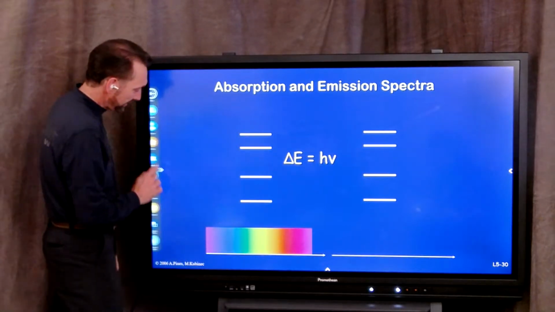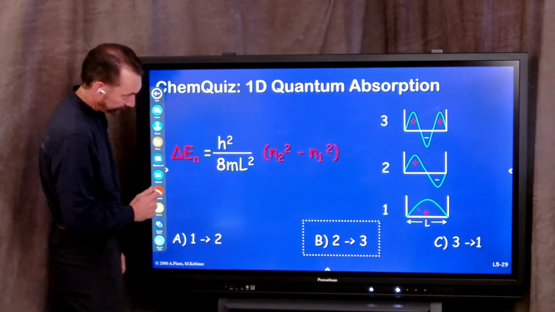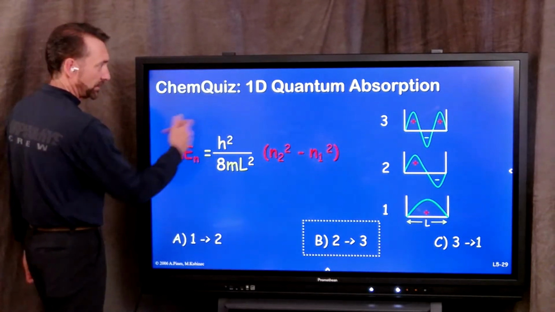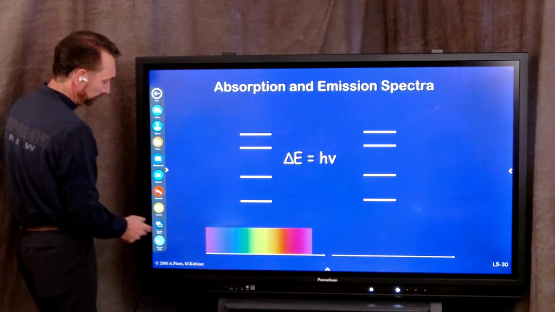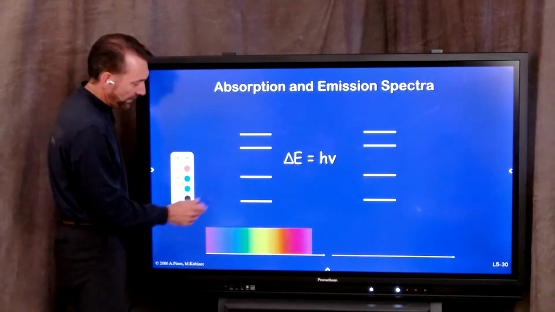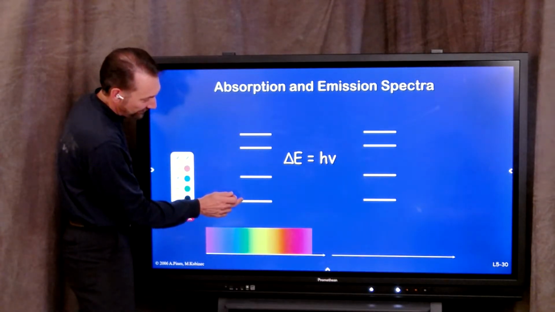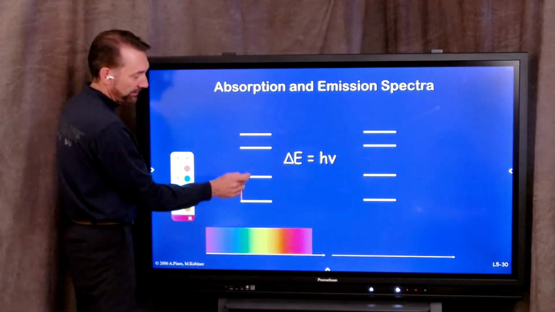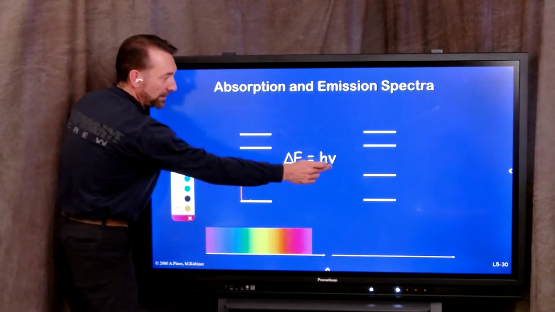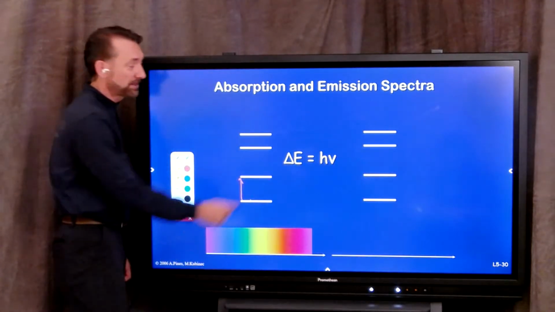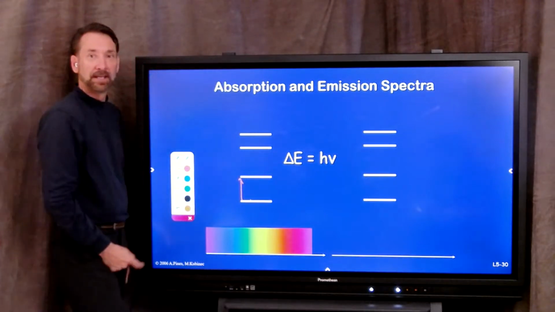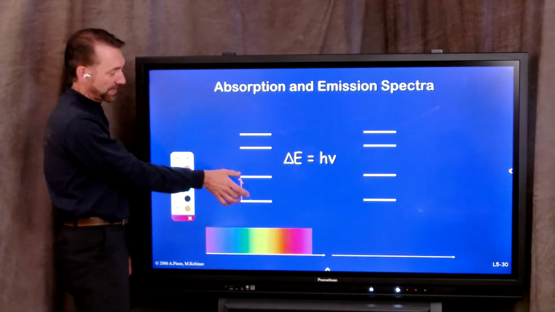So how do I get from, oops, I went back and I hit the annotation. So if I want to get from here to here, that's a specific amount of energy, final minus initial. If I'm going to absorb a photon to do it, then I need to find an h nu that has that energy difference, that amount of energy.